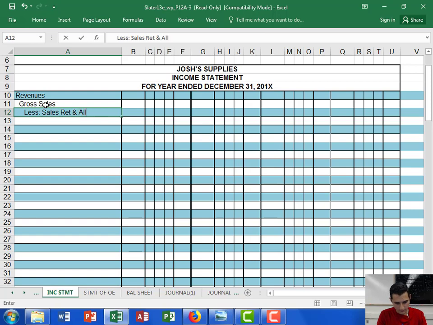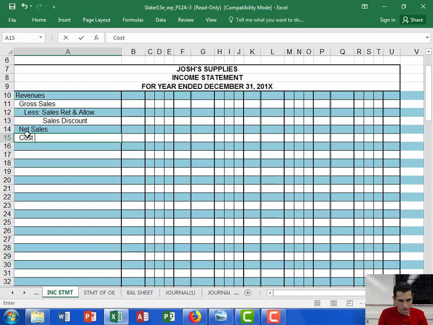Go ahead and abbreviate that. As well as your sales discounts. Because sales discounts and sales returns and allowances are contra revenue accounts. They fight against the money that you earned. They go against it. To then get your net sales.